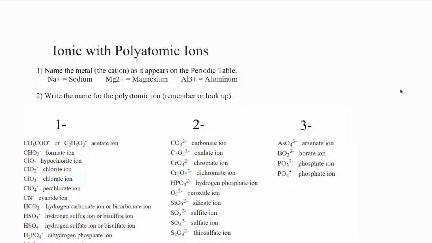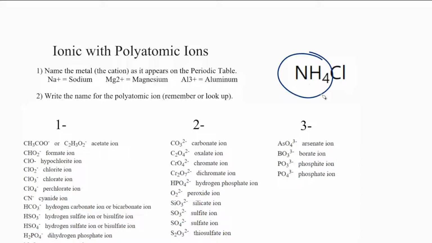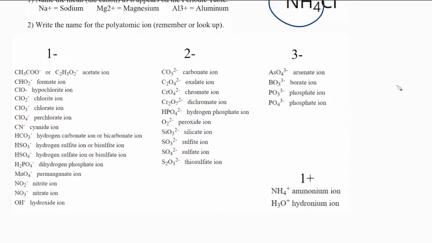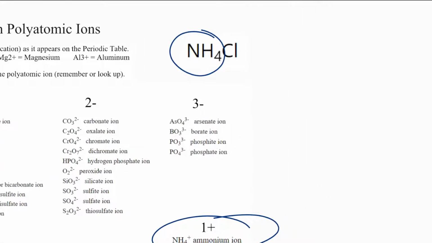Whenever you see NH4 on the front of a compound, you should know that it's going to be a polyatomic ion, and it's always going to be called the ammonium ion. I think it's down here, right there. The ammonium ion. So whenever you see NH4, it's going to be ammonium. And you can memorize that or look it up. I recommend you memorize it.